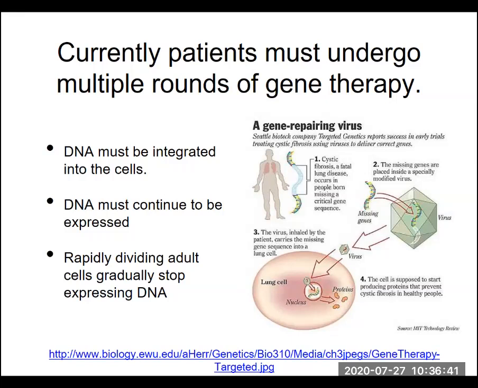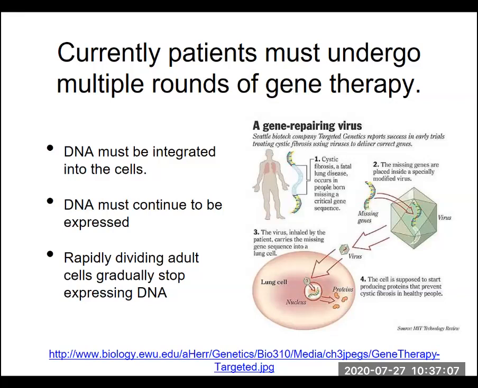But what we're going to see is that many times in the patients that are being treated with this type of gene therapy, over time, the cells stop using the DNA and stop producing the protein. That's normally a process where, as the cells develop, they change what DNA they're expressing as they go from a developing to a maturing cell.